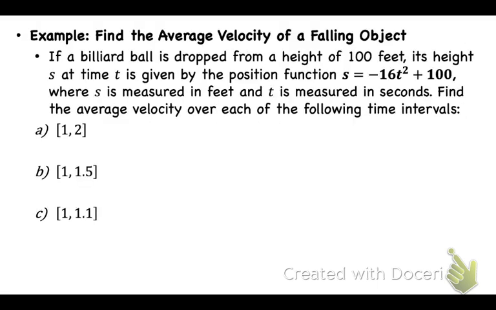Okay, it says find the average velocity of a falling object. It gives me my position function right here. Okay, average velocity. So we have to find the two velocities and find the slope. So at these times, these are t, and I have to find an s.